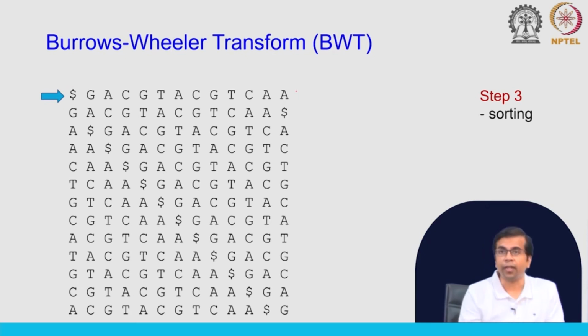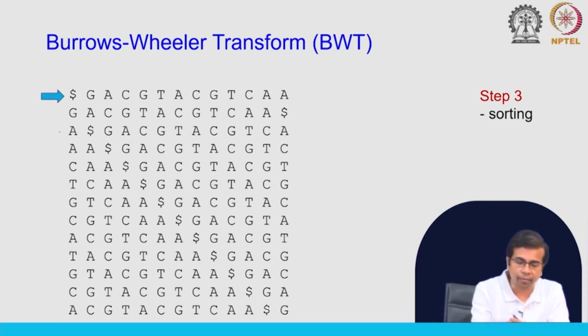Then from the rest we have to choose the second one now. The second one should start with A, I think. We have 4 letters A, T, G, C. If we sort that lexicographically, we have A, C, G and T. So, all the strings starting with A will come now. Out of those strings that are starting with A, you have 1, 2, 3, 4, which one would come first?